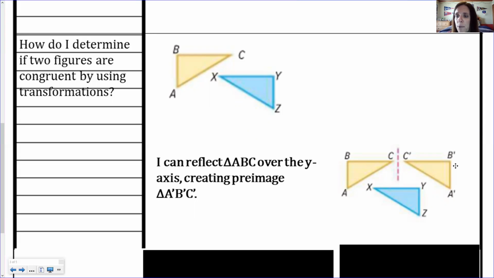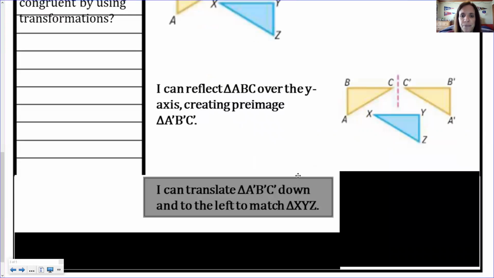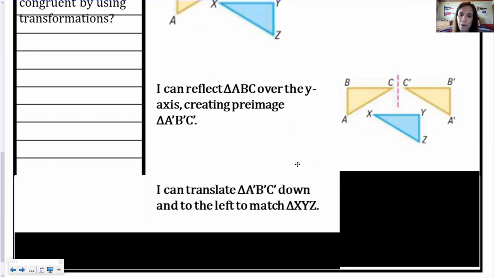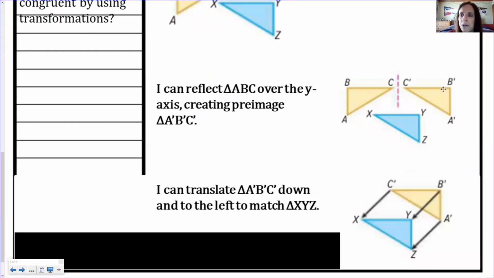So how could A prime, B prime, C prime get to where ZYX is? What transformation lets a shape slide across the coordinate plane? If you said a translation, you are correct. So you could then take that pre-image A prime, B prime, C prime and translate it down and to the left.